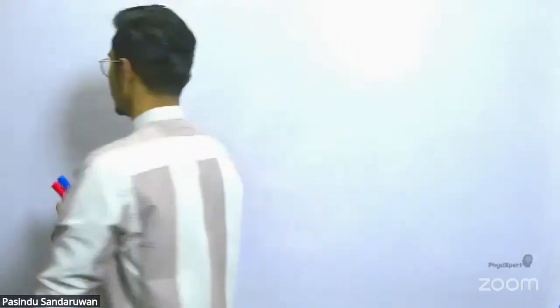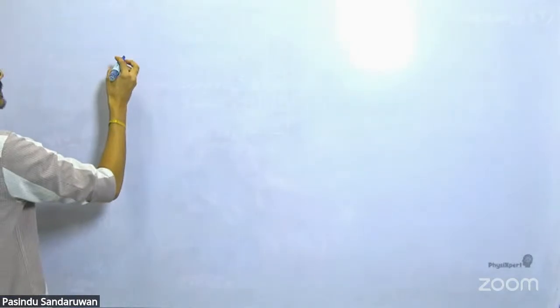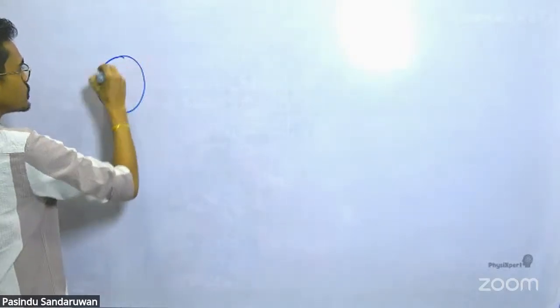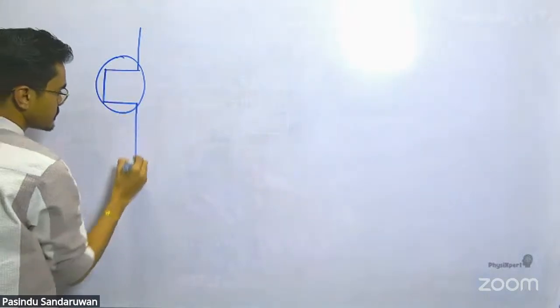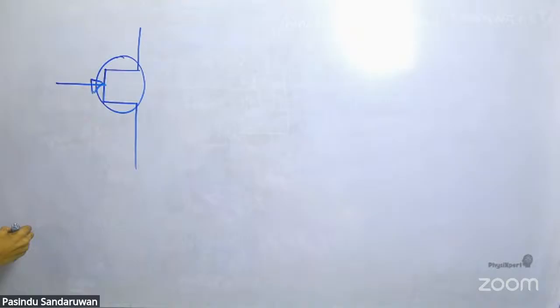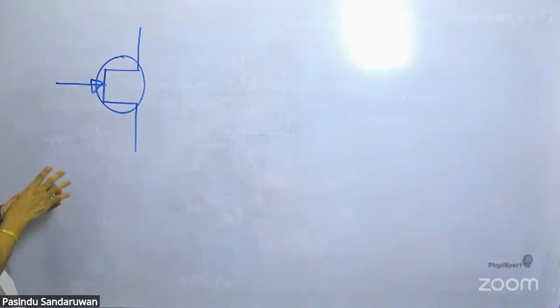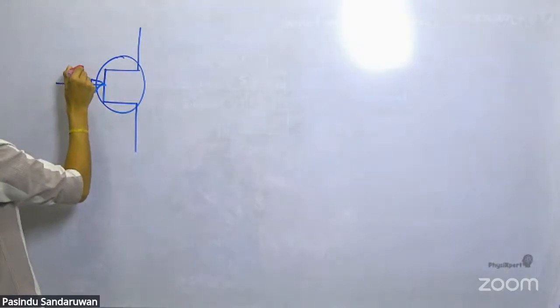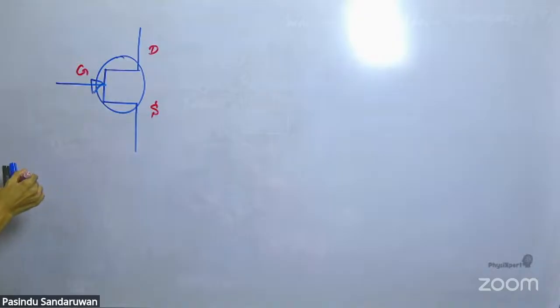Right, now let's see what you have done. I asked you to draw an N channel NJFET. The arrow is inwards. Identify terminals: gate, drain, and source.